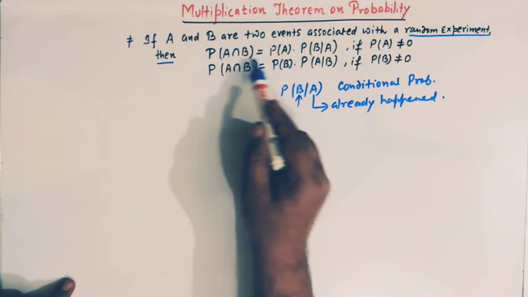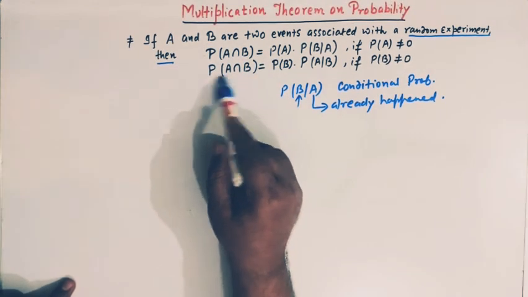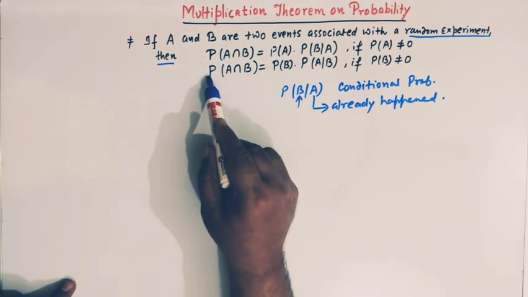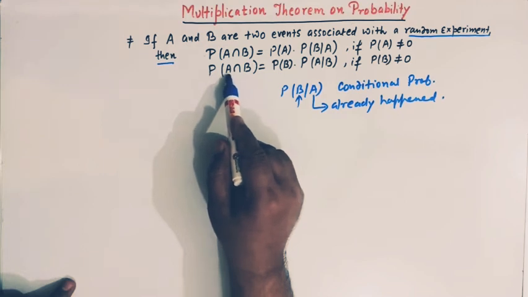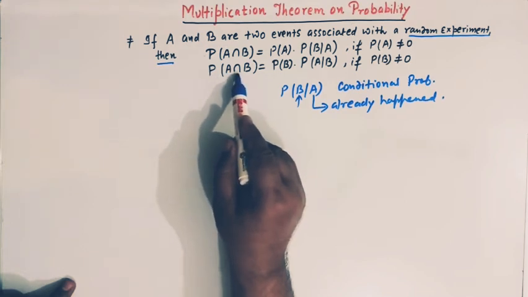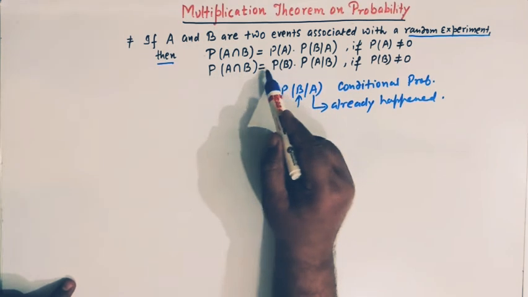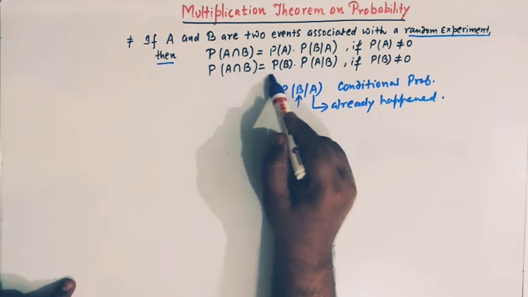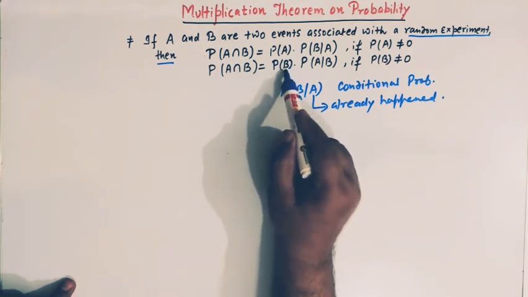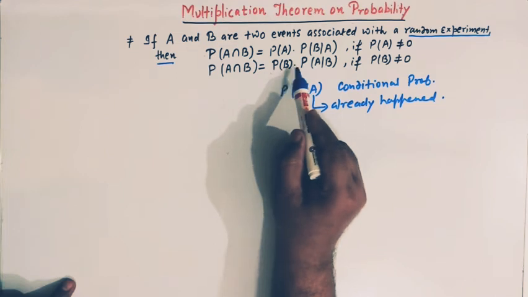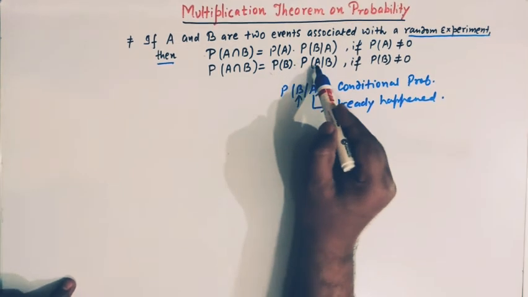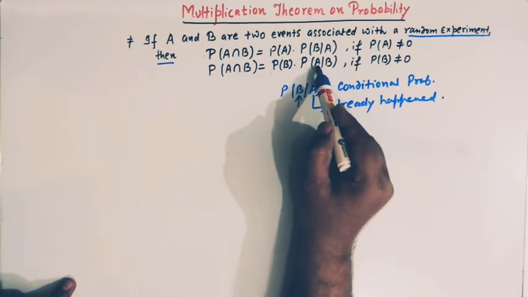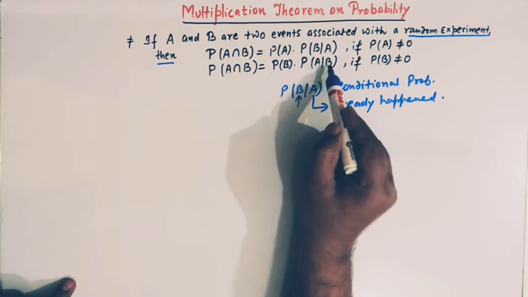Similarly, we have the other expression for the probability of happening of the event A intersection B, which is equal to the probability of happening of the event B multiplied by the conditional probability of happening of event A when B has already happened.